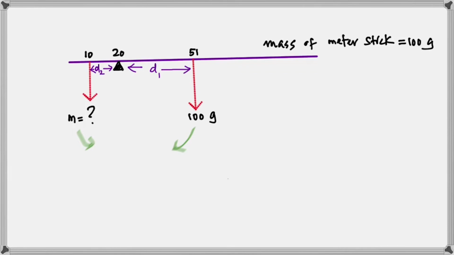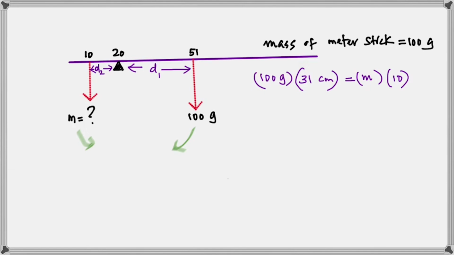So, using the same units, the clockwise torque is going to be 100 gram times, what's the distance? 31 centimeter, is equal to m, of course in grams, times 10. Isn't that 10?